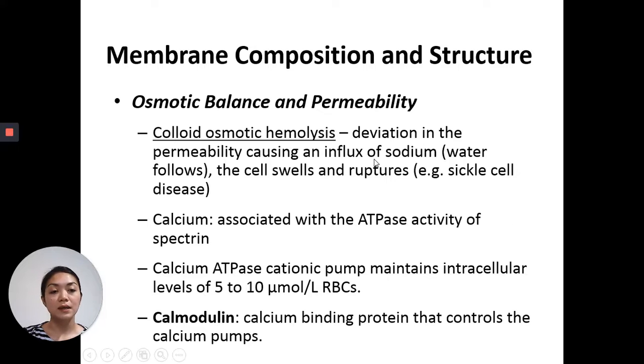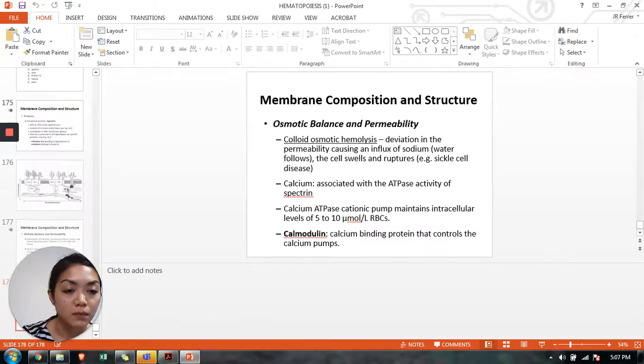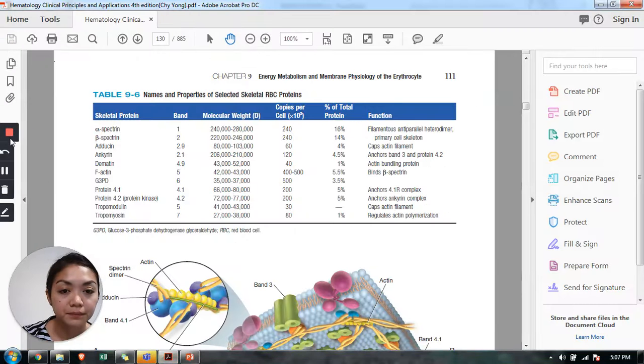And where sodium is, water follows, the cell will swell and rupture, and that leads to hemolysis. You can read the discussion of sickle cell disease in the book.